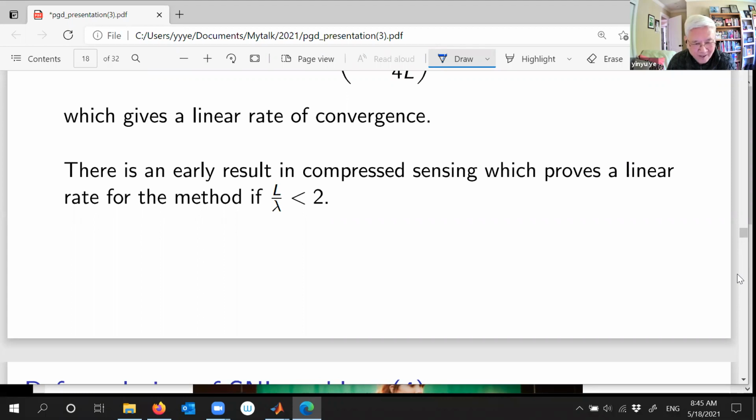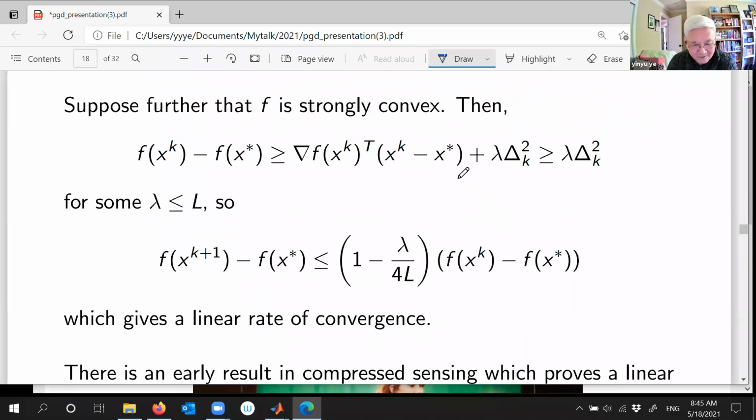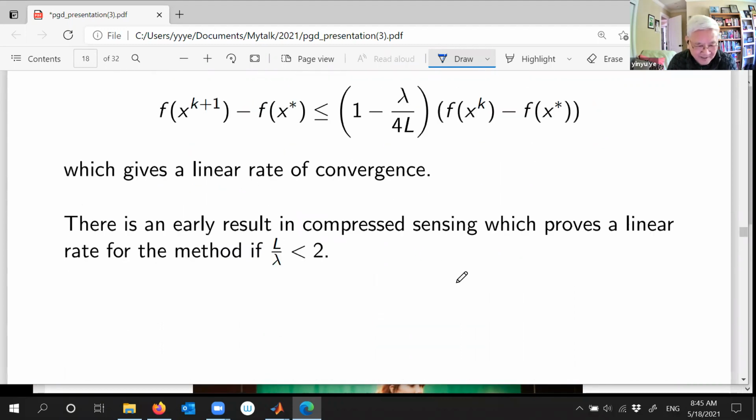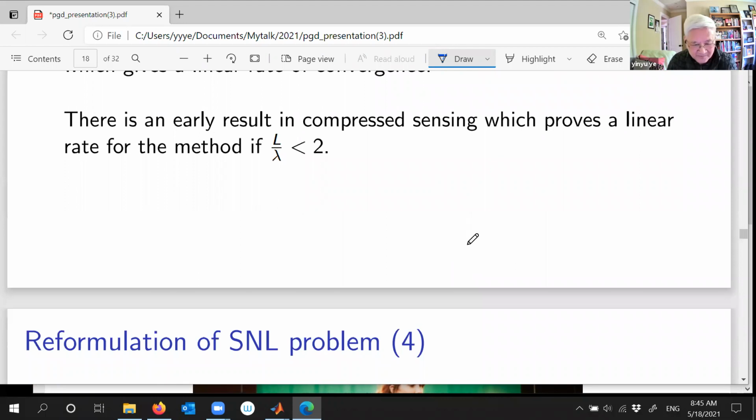Typically, you guarantee 1 over epsilon square. If it is convex, you have 1 over epsilon. But if you even assume strongly convex, then you actually have a linear convergence rate, which gives you log 1 over epsilon to reach epsilon accuracy. So that's the method we use.